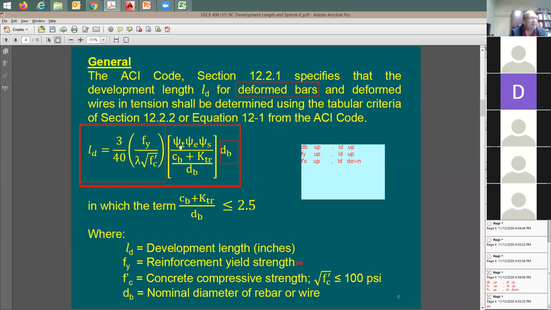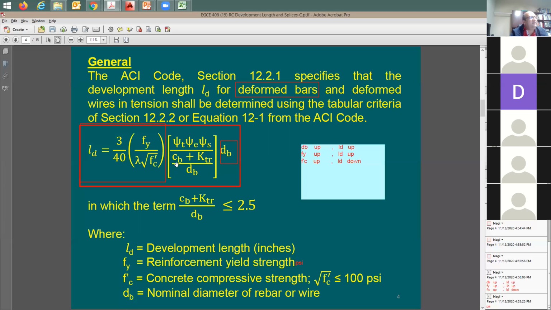The first factor is called psi sub T, another factor is psi sub E for epoxy, and psi sub S is going to be for the size. The first one is for top rebars versus bottom rebars within the beam. The second one is about epoxy coated rebars. Sometimes for corrosion protection, they paint the rebar itself with some epoxy. And this one is based on the size. So, okay, we're going to be going through all of these factors.